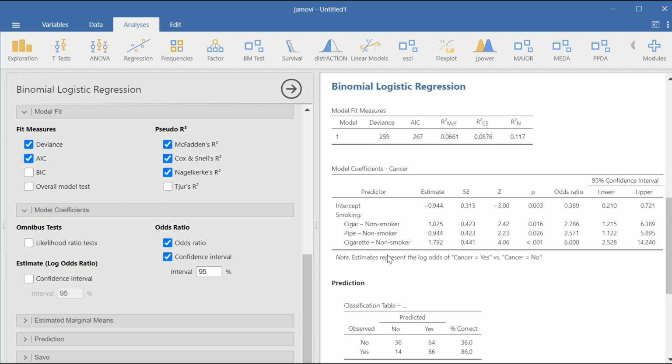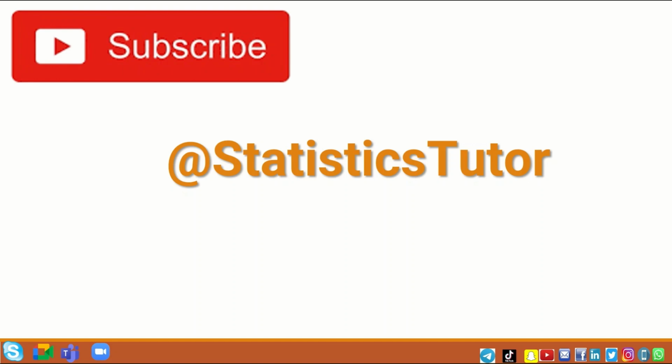Those who smoke a cigarette have the highest chances of developing cancer. So this is the way to perform binary logistic regression with an outcome that is binary and a predictor that is categorical in JAMOVI.